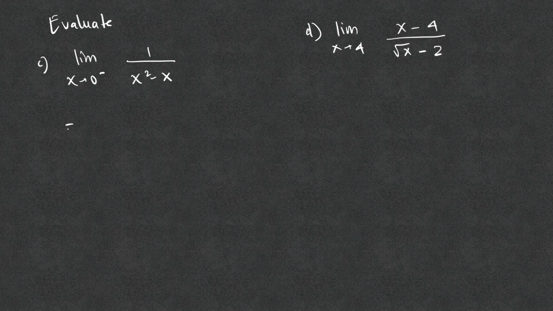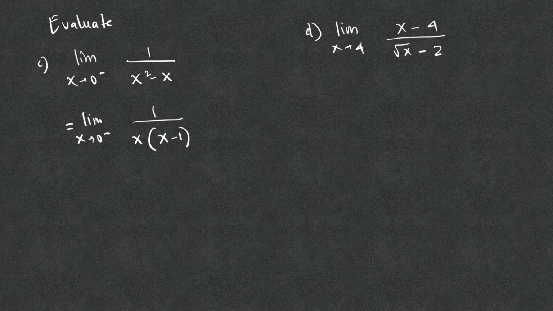We obtain the limit as x goes to 0 from the left of 1 over x times the quantity x minus 1. Not so much a new limit, but a different looking expression that is the same as the given problem. The reason we do this is because 0 minus 0 is indeterminate for now.